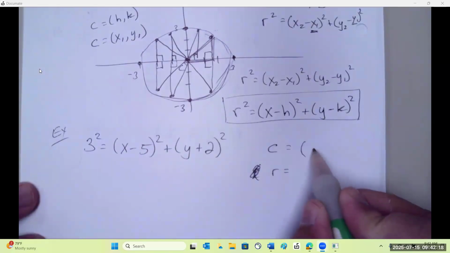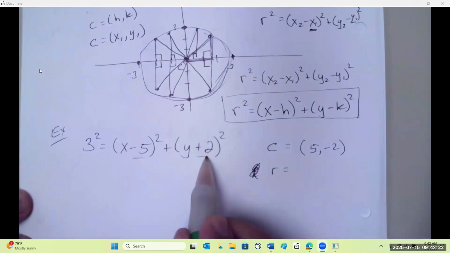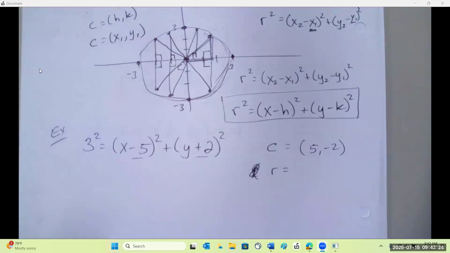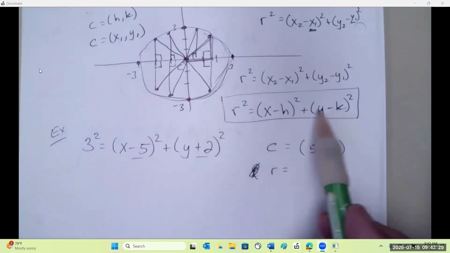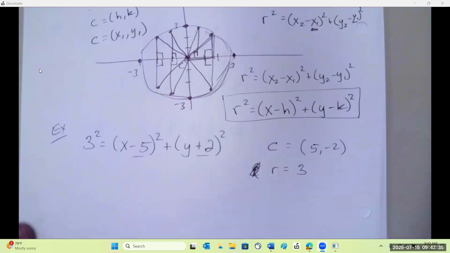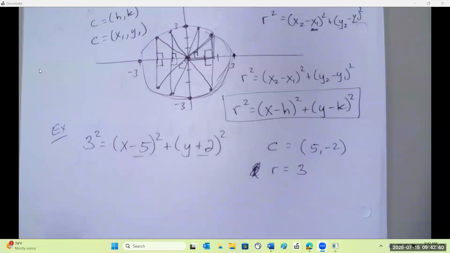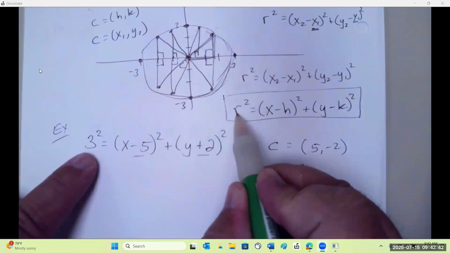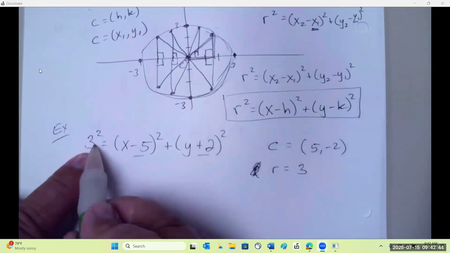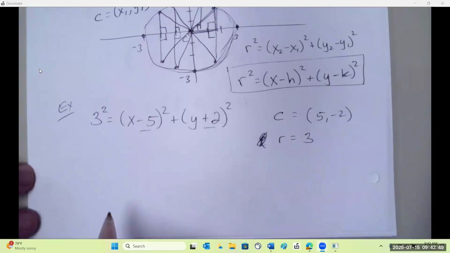Very good. The center would be 5, -2, because it's inside the parentheses, and the answer is always the opposite of what's inside the parentheses. So that's where h and k are. That's my center. What's my radius? 3, not 9. Isn't 3 squared 9? But we're just taking the r. Right, because in this formula, r is squared, so this number is squared. Very good.